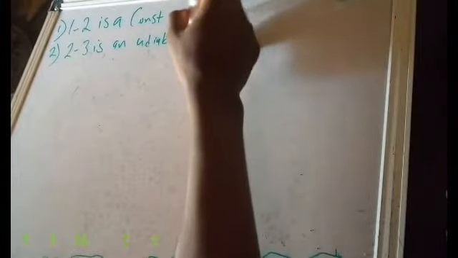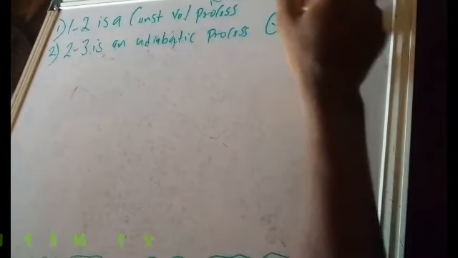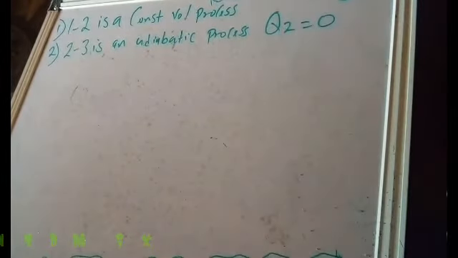And two, process 2 to 3 is an adiabatic process. And what that means is that Q23 is equal to 0. So first you should understand that. That's our first assumption.